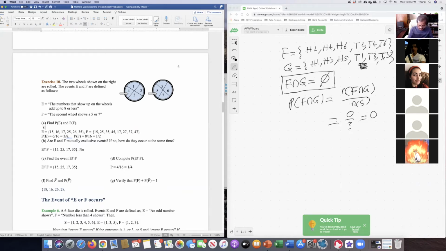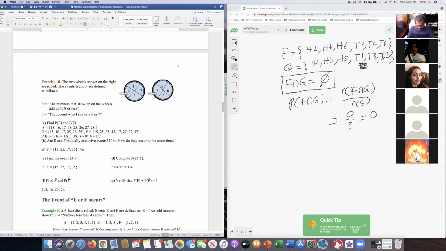Sample space will have 1, 5, 1, 6, 1, 7, 1, 8, right? And then 2, 5, 2, 6, 2, 7, 2, 8.